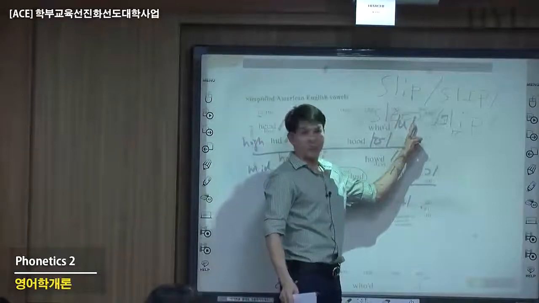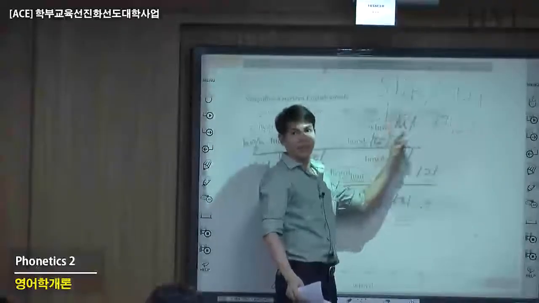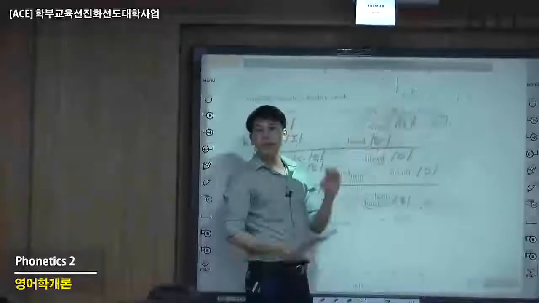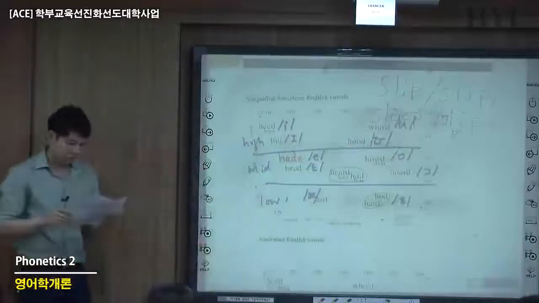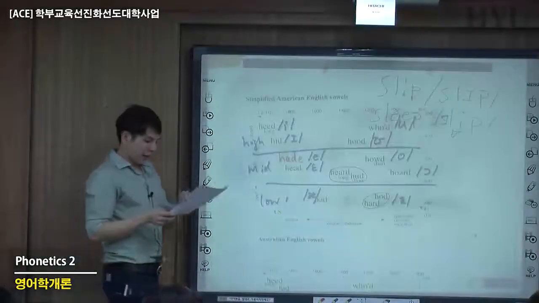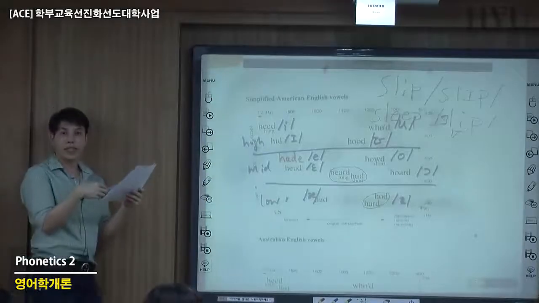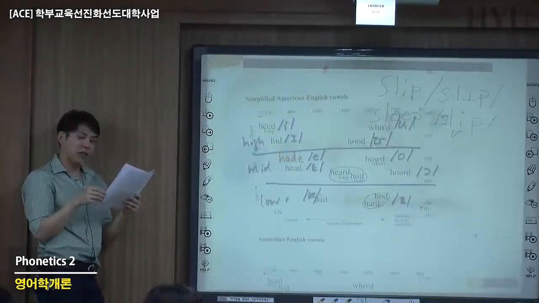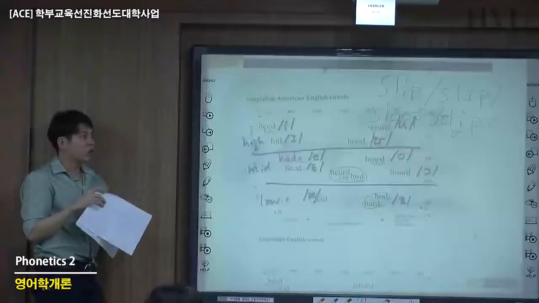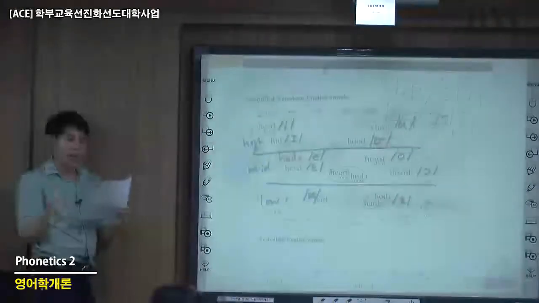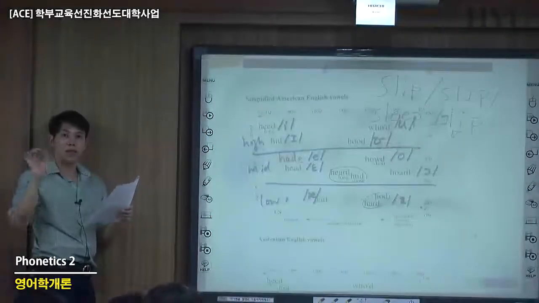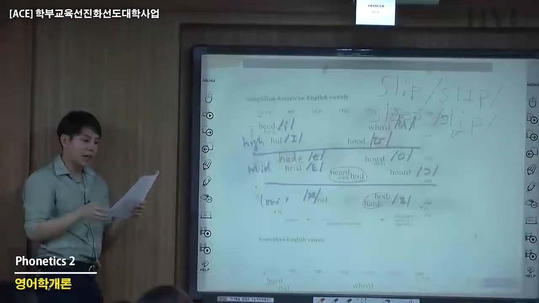So slip and sleep. Sleep, slip, sleep, slip, right? One is longer than the other, okay? And you can check out the other differences between dictionaries as well. So when you look up pronunciations, you have to check what each sound represents, what each symbol represents, okay?